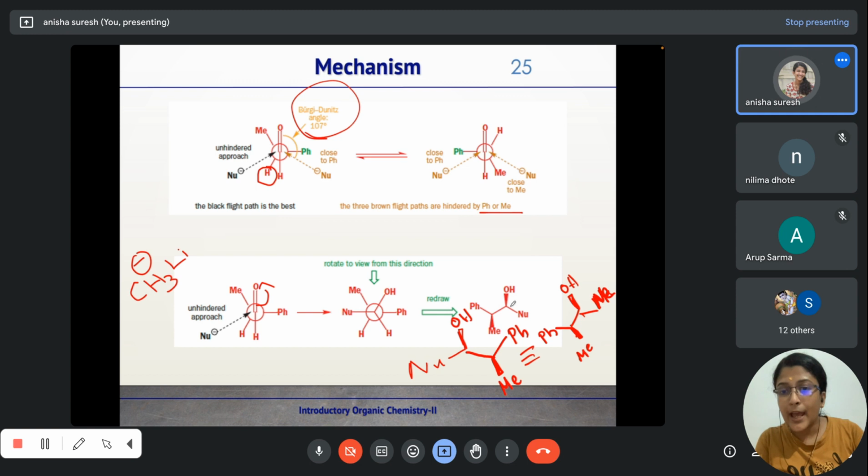The methyl group and the alcohol group are coming syn to each other. If we are considering this example, if we rotate it by 180 degrees, the methyl group will be coming below the plane and the OH group will be coming below. Let me erase this.